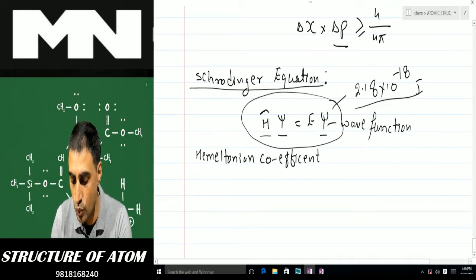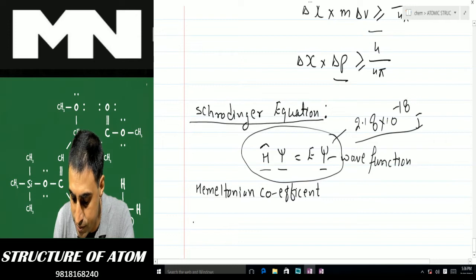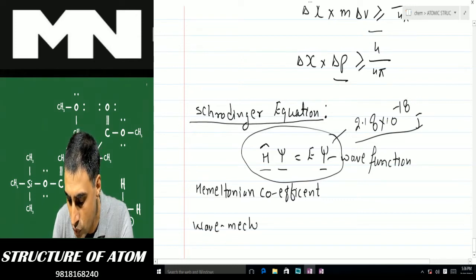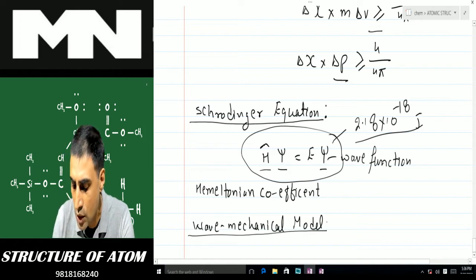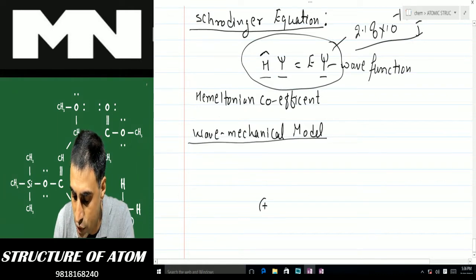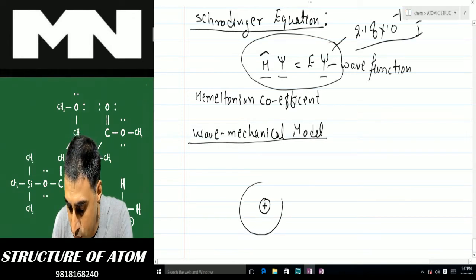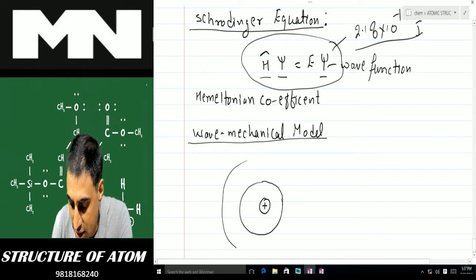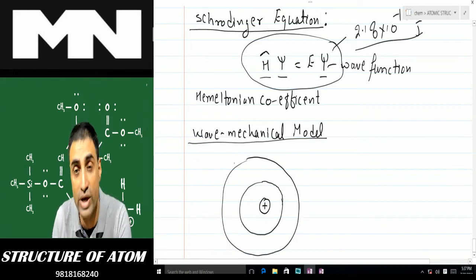So if we see what wave mechanical model is, well, in a nutshell, we can say that according to wave mechanical model, an atom consists of a centrally placed nucleus that contains neutrons and protons, and circular paths around the nucleus in which you will get negative charge, and the negative charge is always in the form of waves.